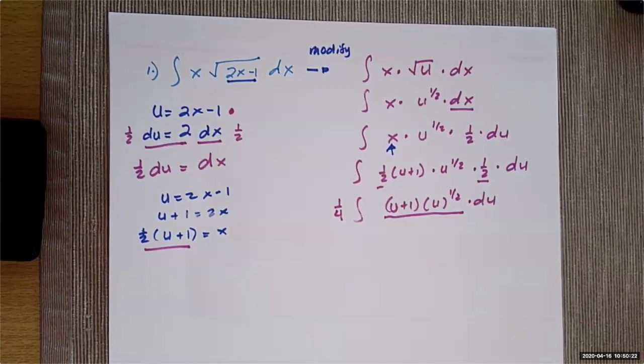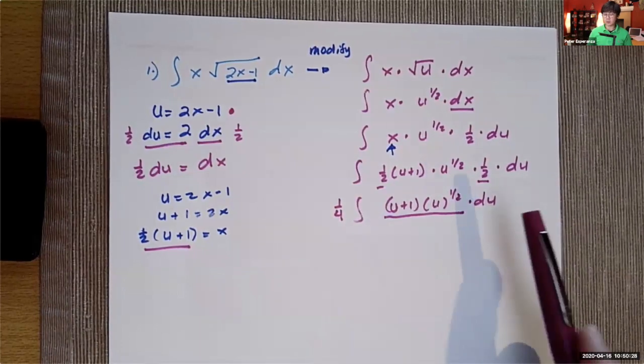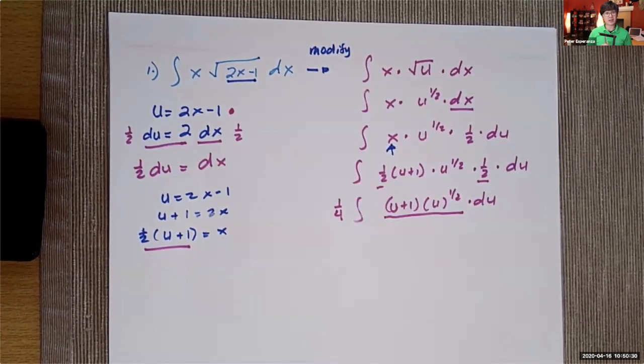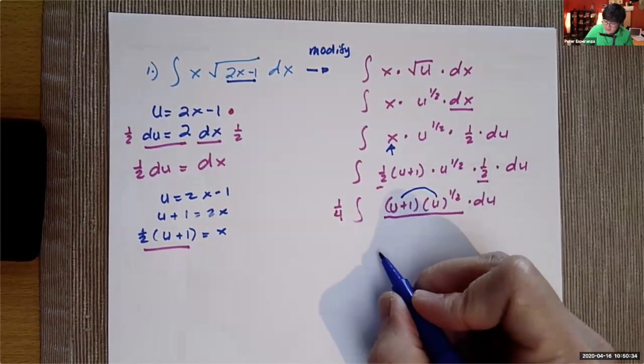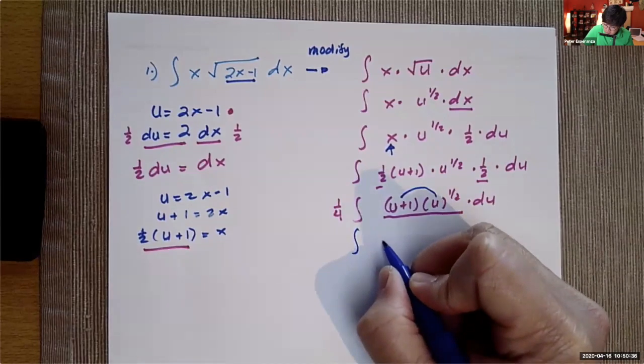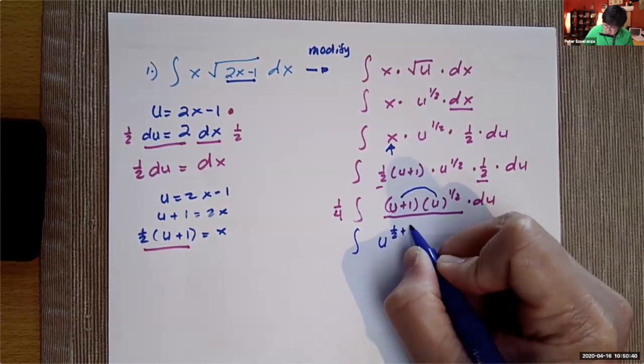Distribute. Yes, I can distribute u to the 1/2 to u and 1, which means I'm going to add their exponents, right? So if I multiply this, it will be the integral of u to the 1/2 plus 1, right?